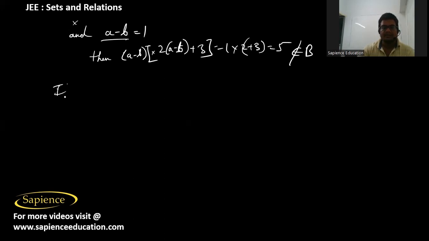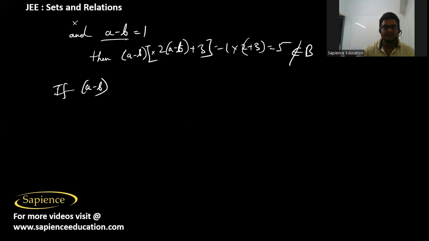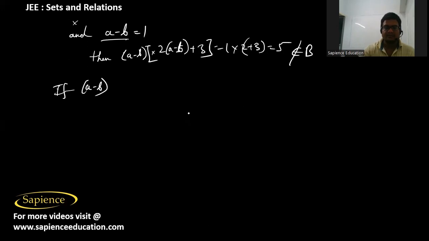And then A minus B, it can be minus 1 also. If A minus B is minus 1, then minus 1 into (2 into minus 1 plus 3).